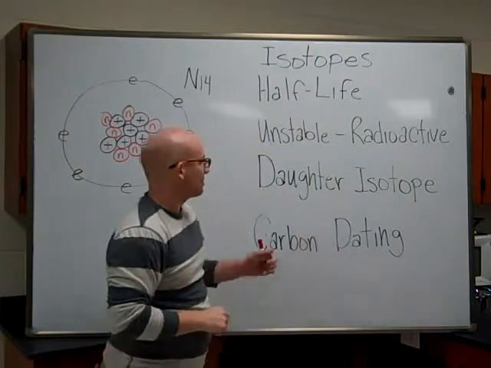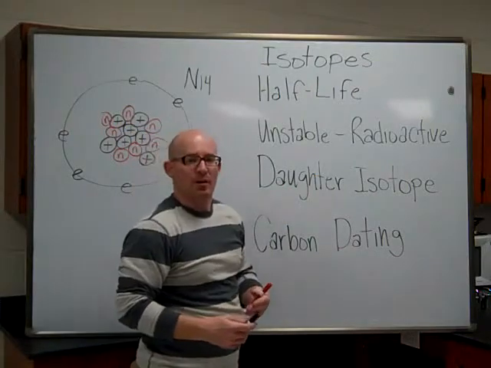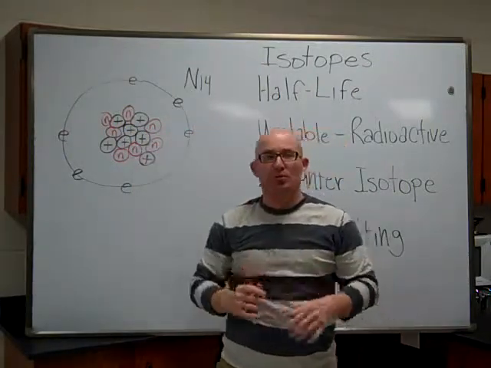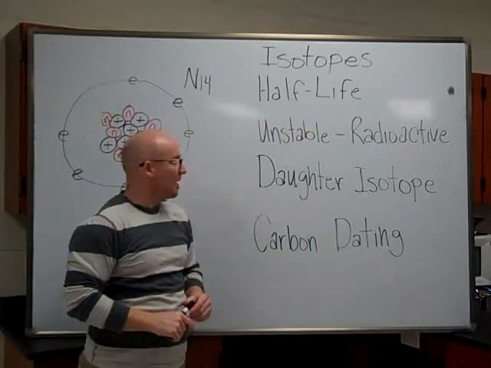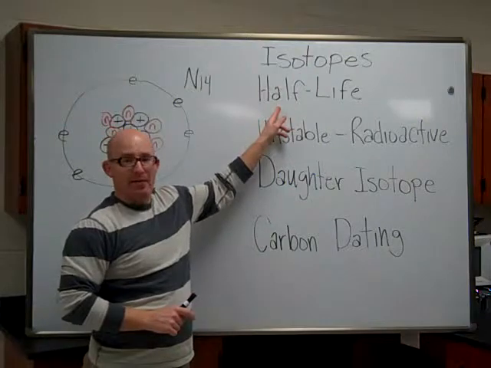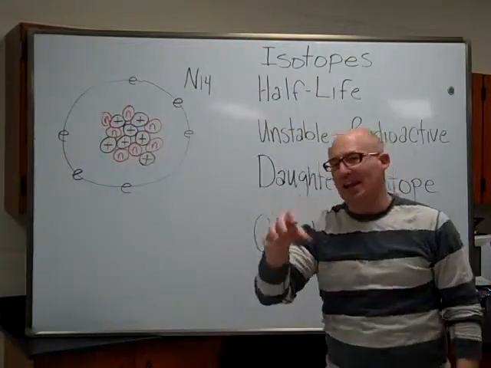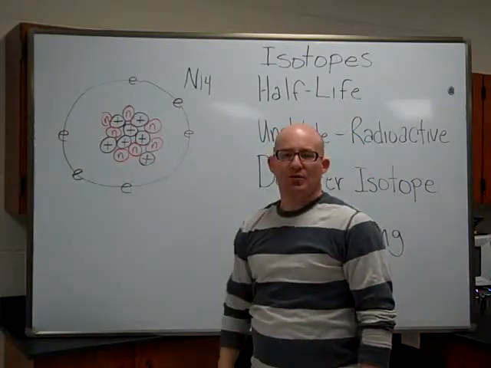The daughter isotope is the new isotope, the new atom. So the nitrogen-14 is the new daughter isotope that the carbon-14 turned into. Now, what is a half-life? Scientists can calculate how long it takes for carbon to change into nitrogen.